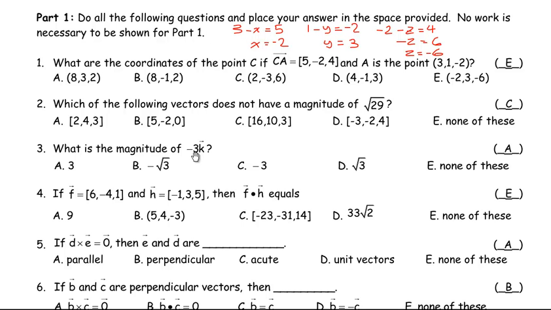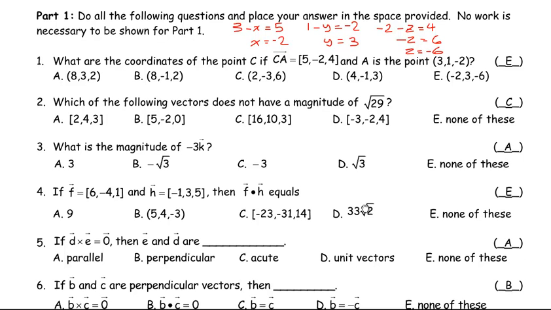Now, it would be pointing down towards the negative z-axis instead of up, but the magnitude of a vector is not negative, it's always positive. So we wouldn't answer C here, -3. It would be positive 3. Again, a vector 1 unit long multiplied by 3 or -3 is going to be 3 units long. So that's why A is the correct answer for question 3.